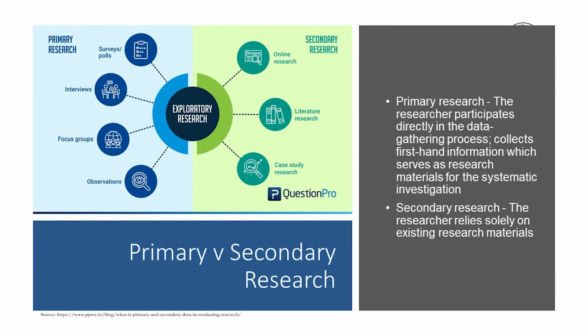So, there is primary research that you can do, and there is secondary research that you can do. Primary research is usually research that you conduct yourself, not something that anybody else has done. You yourself go out in the field and conduct the research. For instance, surveys, interviews, focus groups, observations, all of these constitute primary research.